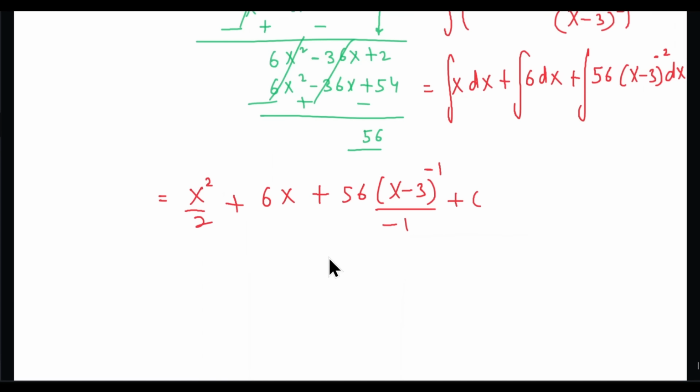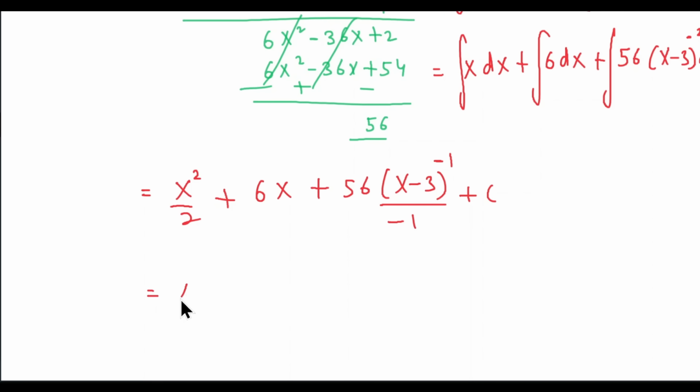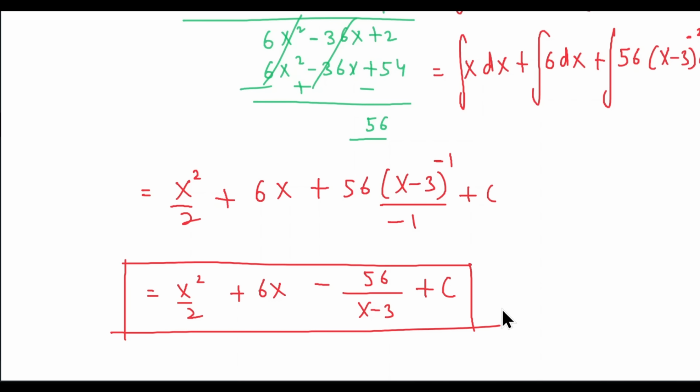So our final answer over here will be x square over 2 plus 6x minus 56 over x minus 3 plus c. So that should be our final answer.